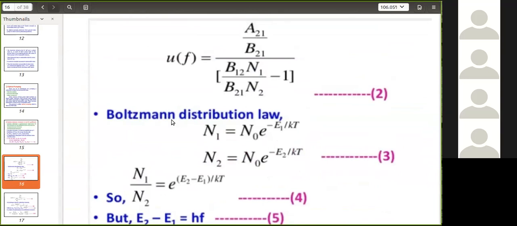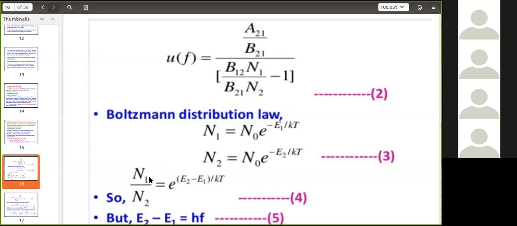Now, according to Boltzmann distribution law, the number of atoms present in the level E1 is given by N1 equal to N0 e to the power minus E1 by KT. Similarly, N2 is the number of atoms present in the level with energy E2, and it is given by N2 equals N0 e to the power minus E2 by KT.